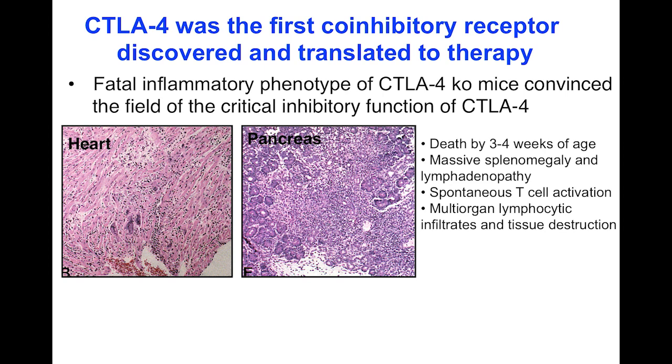So this mouse showed us that these so-called costimulatory receptors could provide not only positive second signals, but also inhibitory second signals, and demonstrated that CTLA-4 had a critical role in down-regulating T cell responses. This phenotype looked for all the world like an autoimmune disease and led us and others to ask whether CTLA-4 had a role in regulating tolerance and autoimmunity.